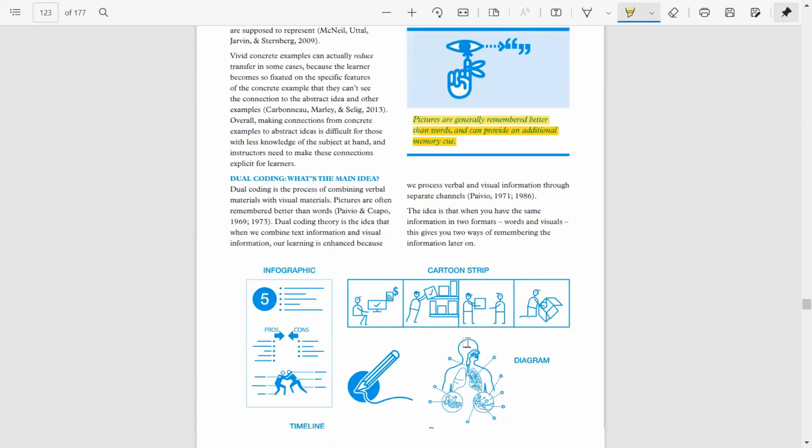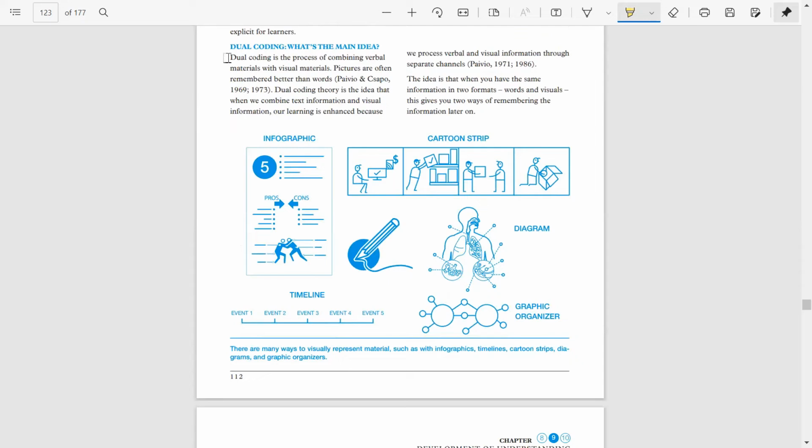Dual coding is the process of combining verbal materials with visual materials. Pictures are often remembered better than words, and dual coding theory is the idea that when we combine text information and visual information, our learning is enhanced because we process verbal and visual information through separate channels.